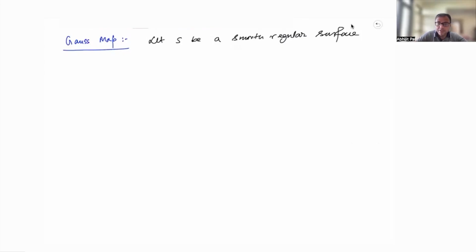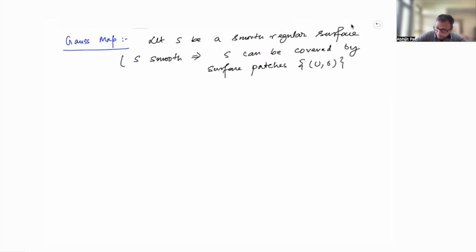Okay, so what does this smoothness mean? S smooth implies S can be covered by surface patches, where the sigma is a smooth map.